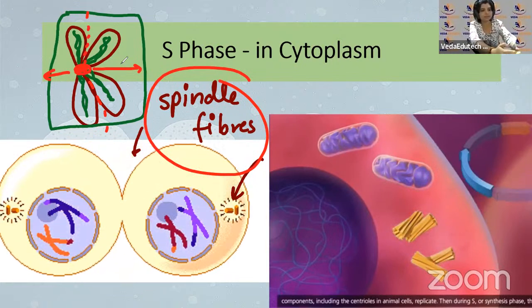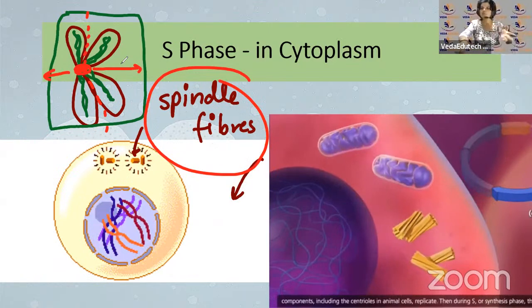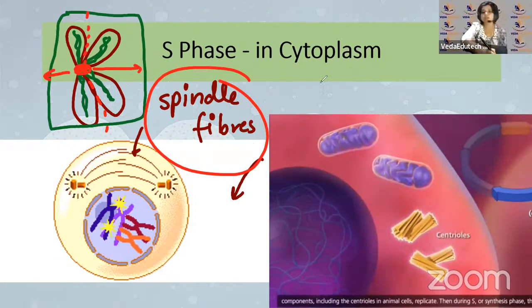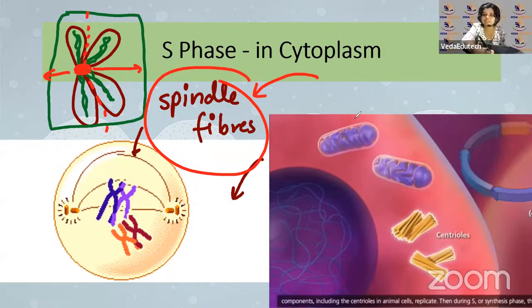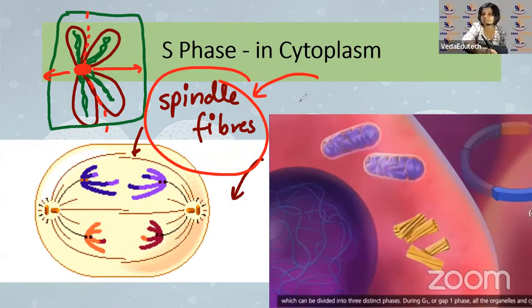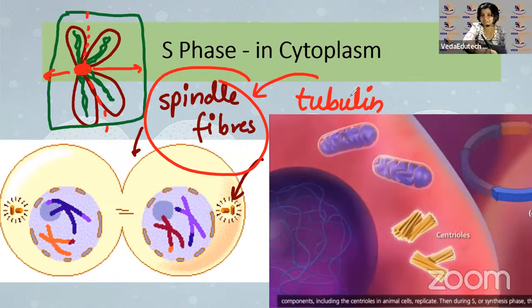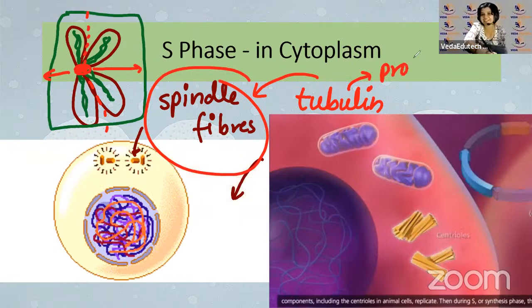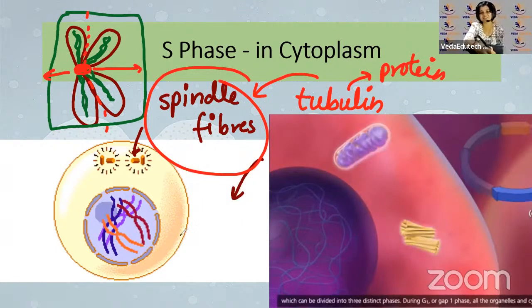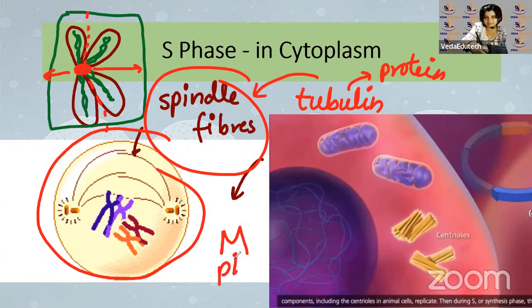So they pull these away using spindle fibers. What are spindle fibers made up of? They are made up of tubulin. Tubulin is also a protein. But where did we get this tubulin from? This happens later, in M phase.